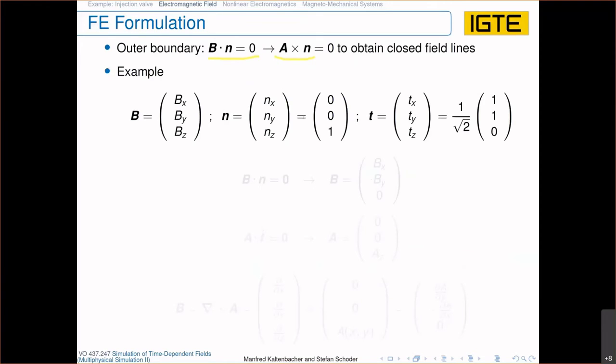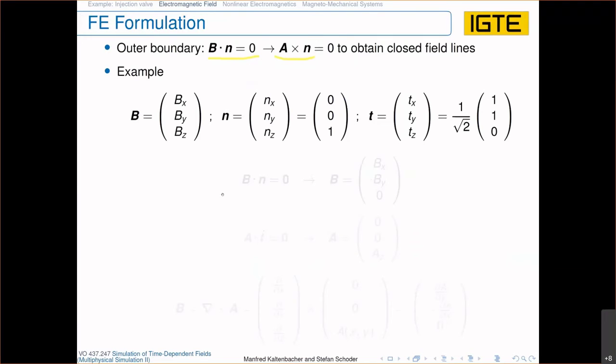Now, the tangential component for such a surface is something like 1, 1, and in order to scale it to a length of 1, it's 1 over the square root of 2. It's clear? So this is then the tangential plane, so it is really the tangential vectors on this surface.